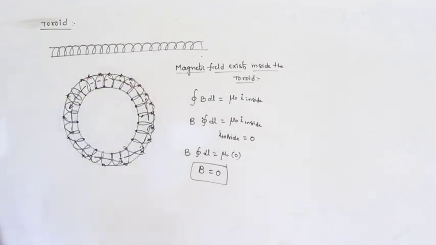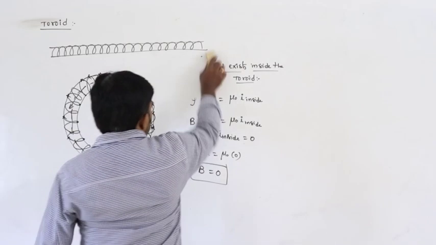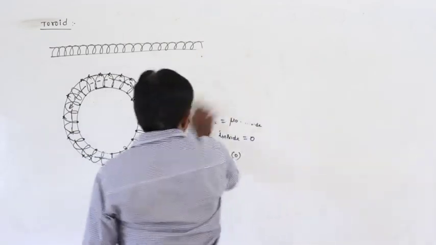So what is the magnetic field in that region? Now we have to calculate that. What acts as the toroid?